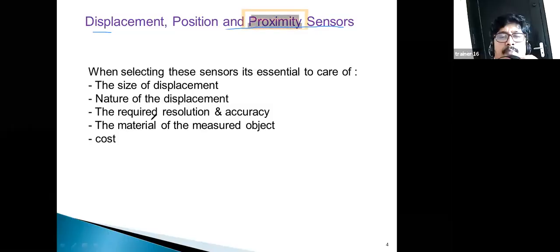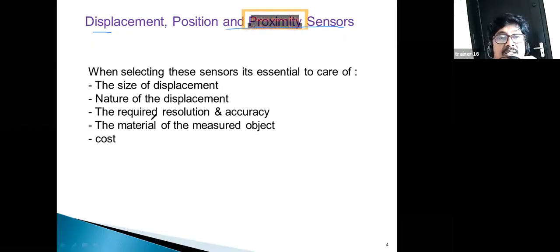Magical material means that material will respond to some parameters, maybe temperature or humidity. Automatically, the material will respond. For example, for some particular material, if a small force is exerted, automatically it will respond and the output should be more. Like that, the material plays a major role in these sensors.